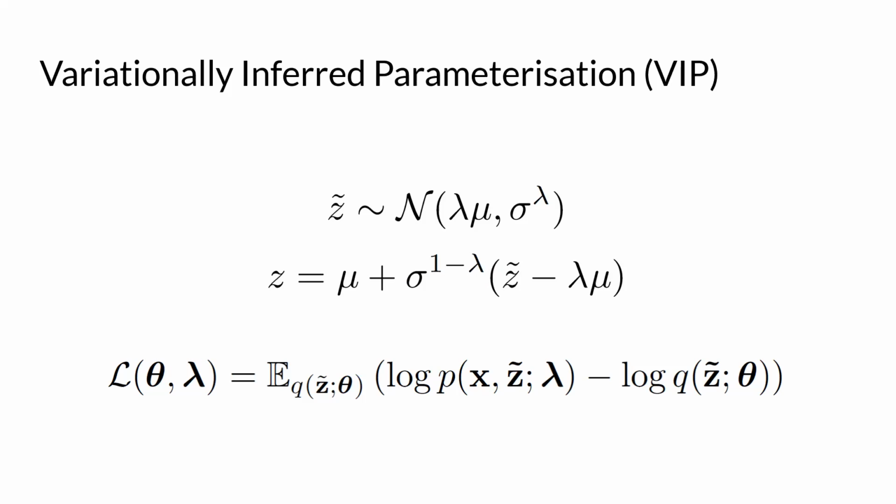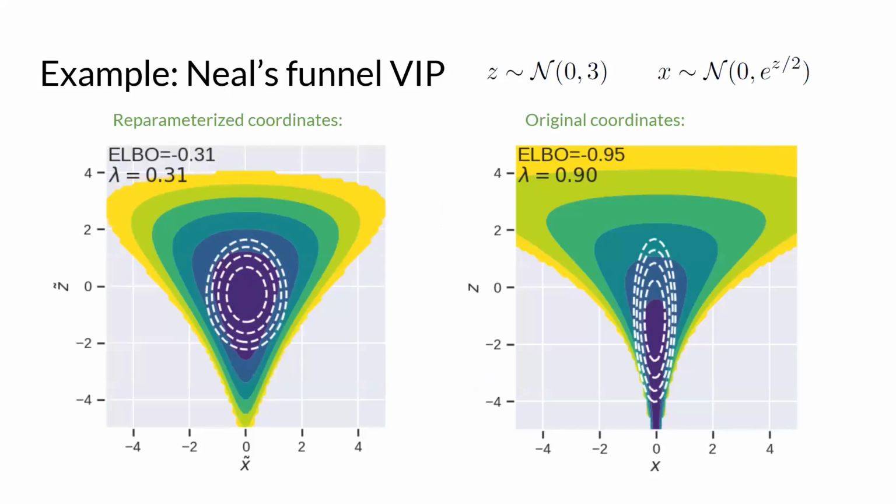So here we're exploiting the conjecture that if variational inference fits well our reparameterized distribution, it means that it's well conditioned, and something like HMC is going to work well on it. That's the conjecture, basically.